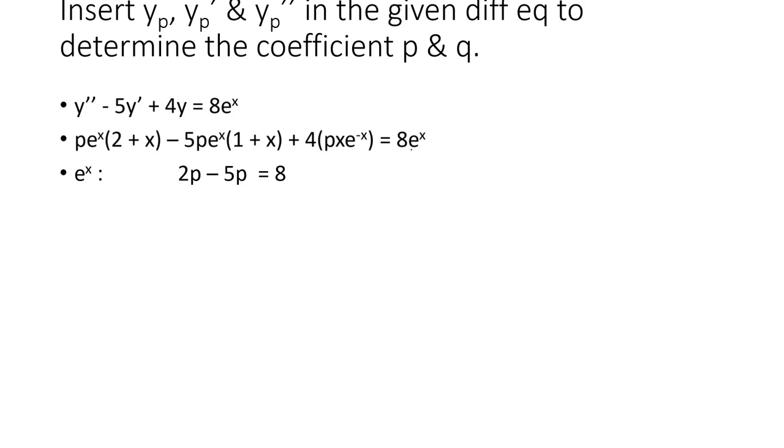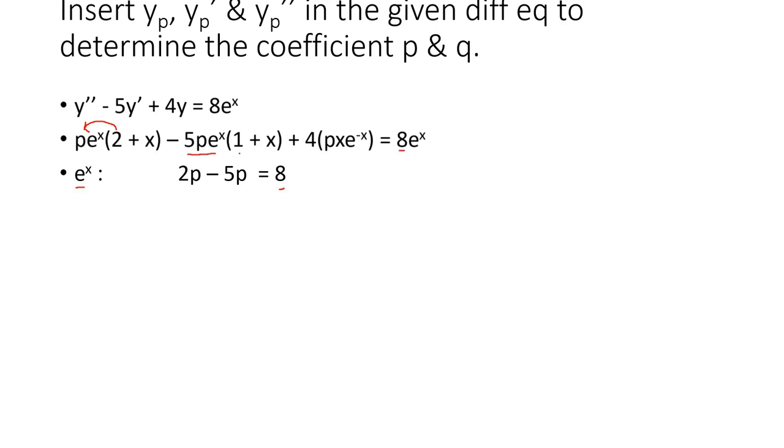I see the right hand side has the exponential term, exponent x. So I'm going to compare the coefficient of exponent x, left side and right side. The right hand side has 8. On the left side I want only the exponent x term, so this one, 2p exponent x. This one is not, it is actually x times exponent x. So the coefficient is 2p.